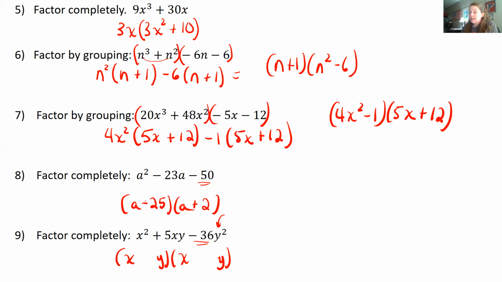So the two numbers that give me negative 36 will be 9 and negative 4. The bigger number has to be positive, doesn't it? There we go. So 9 times negative 4 is negative 36, and 9 plus negative 4 is 5. And don't forget to distribute that y squared if you have a y squared at the end.